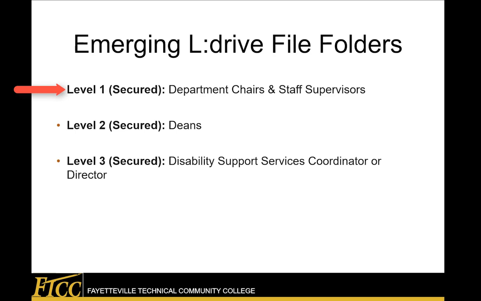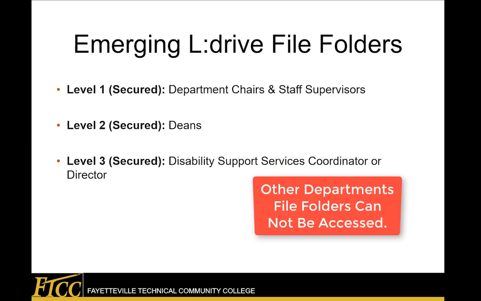A department chair is considered secured Level 1, which means he or she can only access the file folder within the academic department. A dean's file folder is the secured Level 2, which means that he or she can access the department chair's review as well as the dean's file folder within his or her own department. Other departments' file folders cannot be accessed.